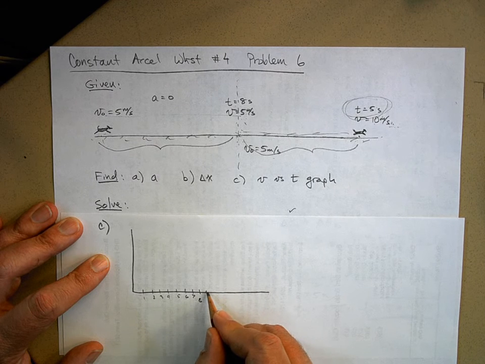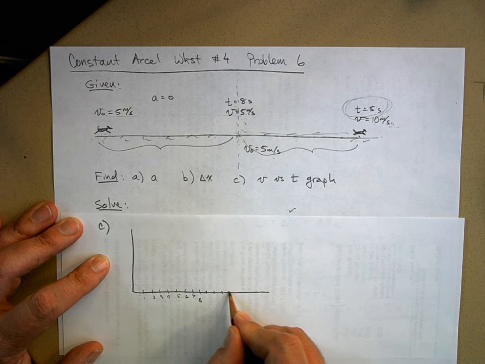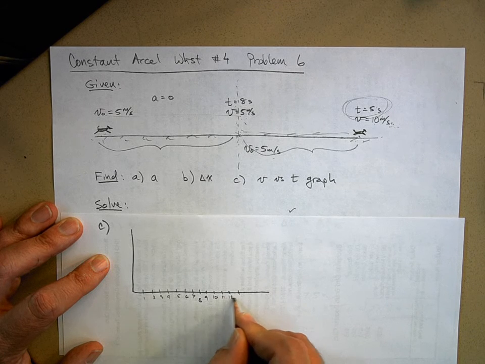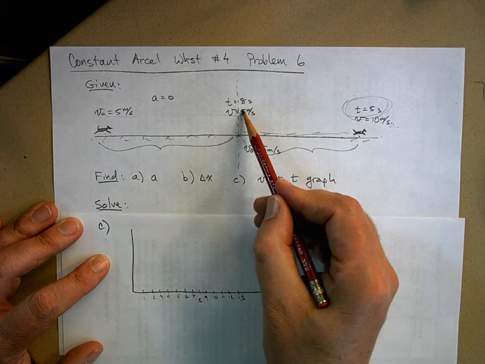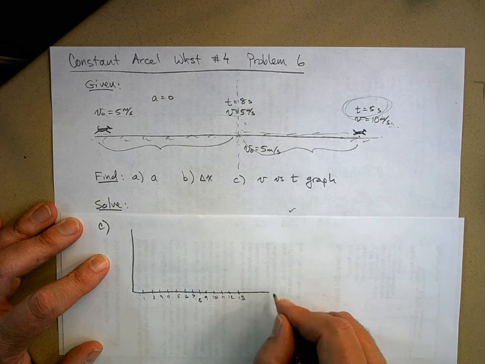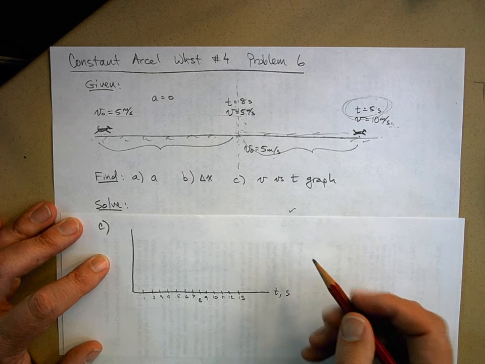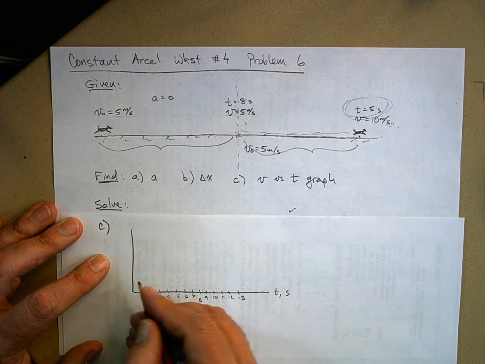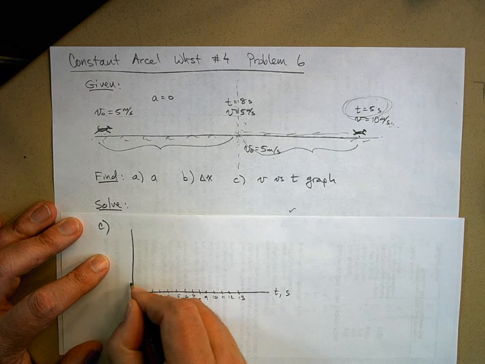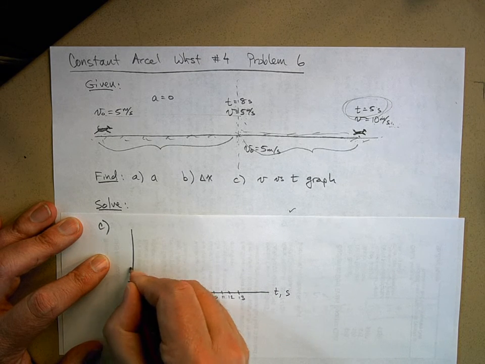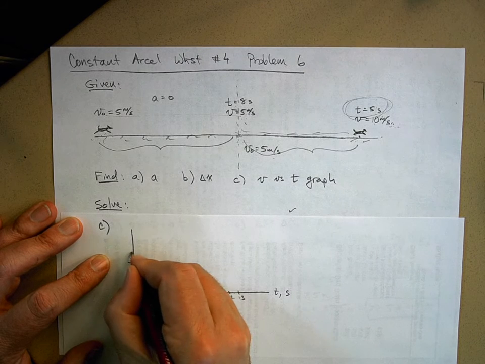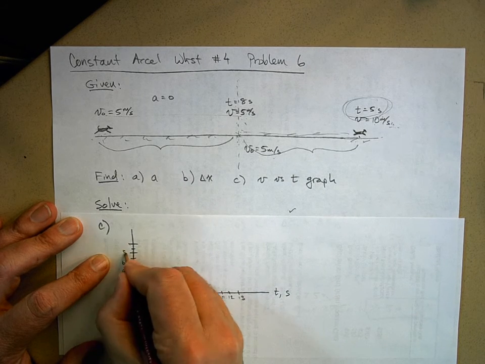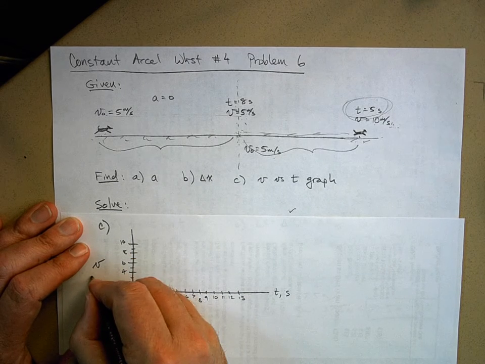And now 9, 10, 11, 12, 13, because 8 seconds plus 5 seconds is 13 seconds. This is time in seconds. Now the velocity of the dog went from 5 up to 10, so I need to go 1, 2, 3, 4, 5, 6, 7, 8, 9, 10, 2, 4, 6, 8, 10. This is velocity in meters per second.